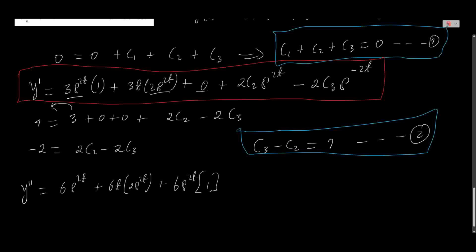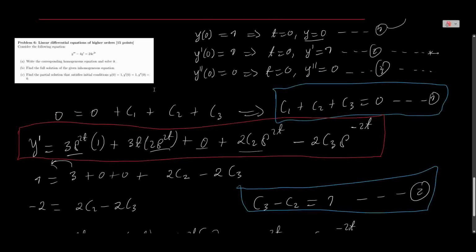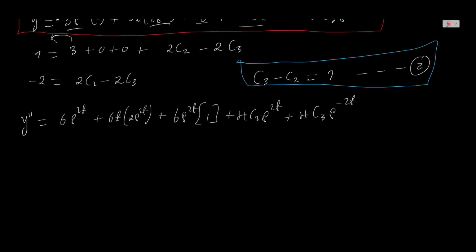Now this is 0. Here we look for our second derivative, which will be 4c2 e raised to the power 2t. Finally, differentiating negative 2t, we bring it down and it becomes plus 4c3 e raised to the power minus 2t. So this is our second derivative, and looking at this condition, our second derivative is 0 and our t is also 0, so 0 should be equal to 6.